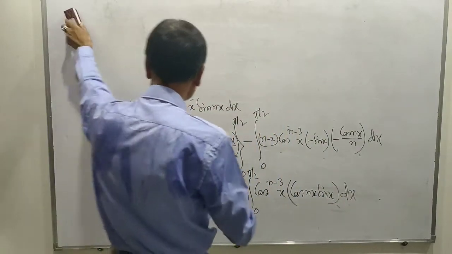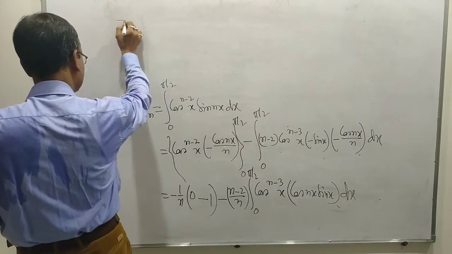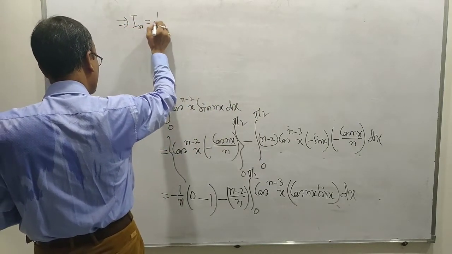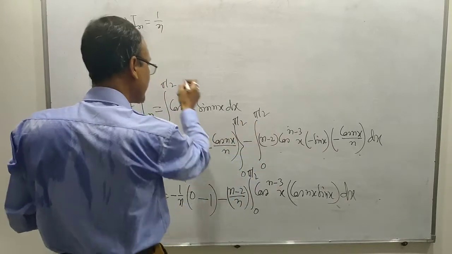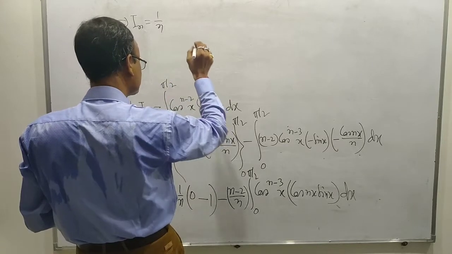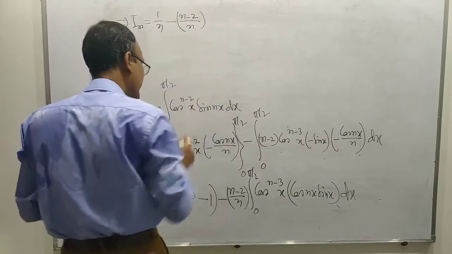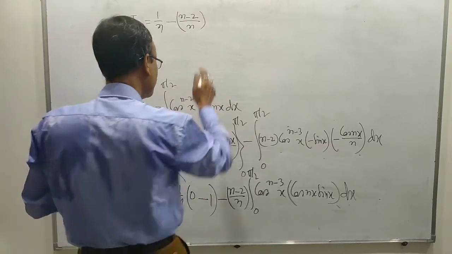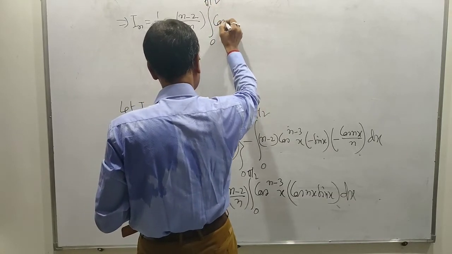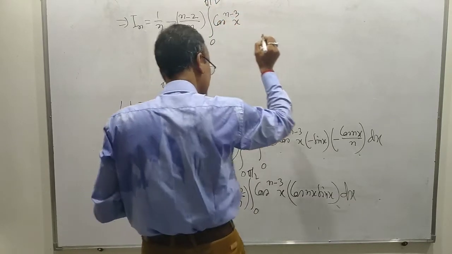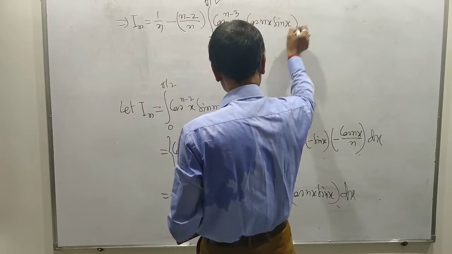Therefore, you have got I n equal to 1 by n minus n minus 2 divided by n, integration 0 to pi by 2, cos to the power n minus 3x into cos nx into sin x.